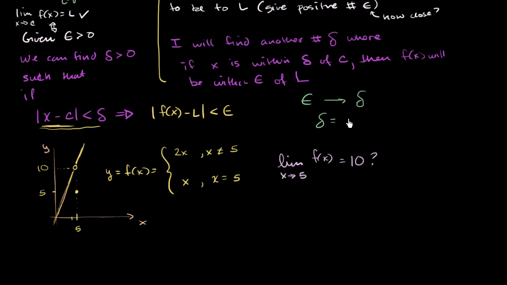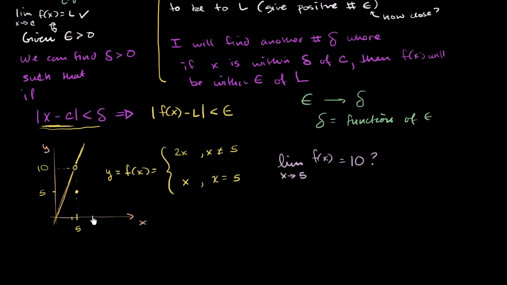But delta equals function of epsilon that is defined for any positive epsilon. So you give me an epsilon, I just kind of put it into our little formula, our little function box, and I will always get you a delta. And if I can do that for any epsilon, that'll always give you a delta where this is true, that if x is within that range of within delta of c, then the corresponding f of x is going to be within epsilon of L, then the limit definitely exists. So let's try to do that.